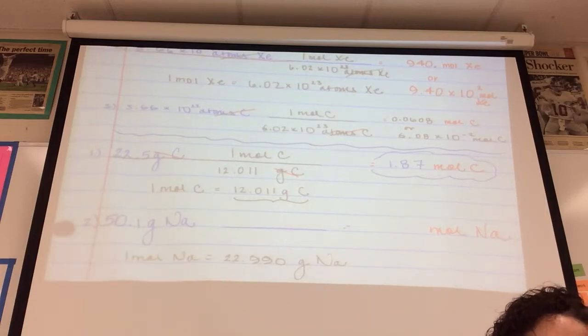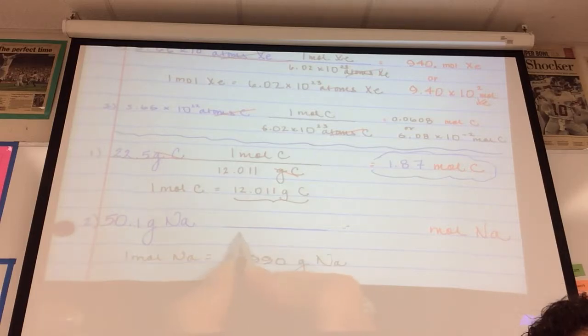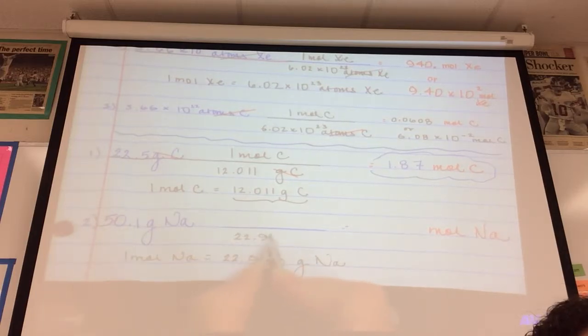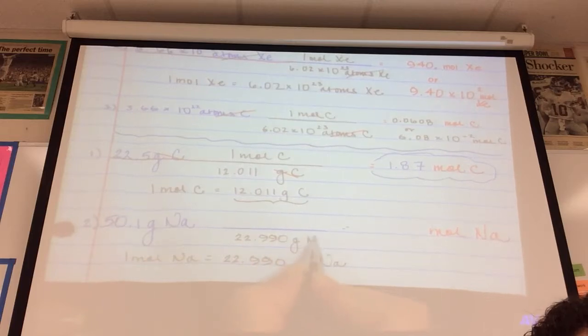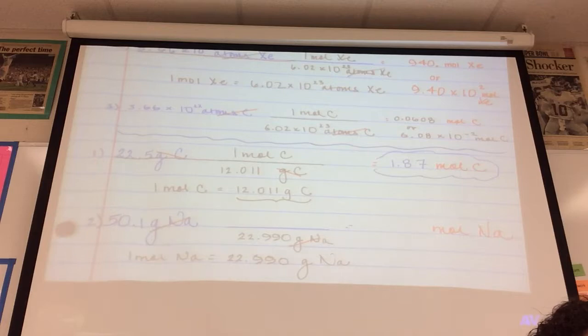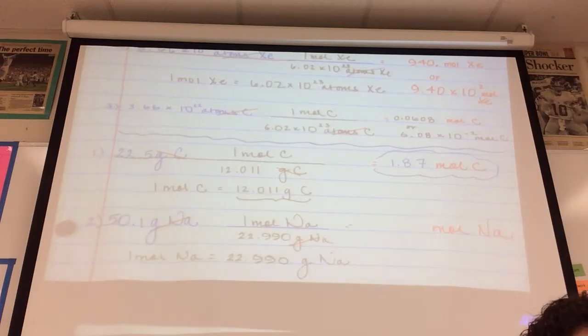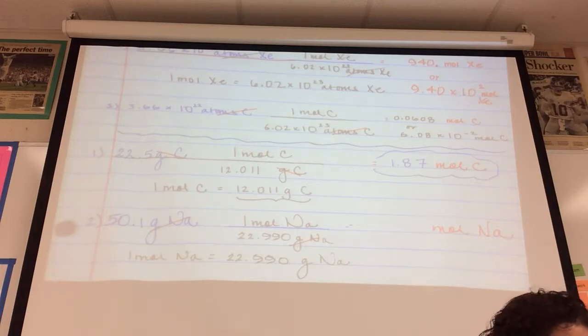Alrighty, and what's going to go where? The 22.99 goes on the bottom. How come? Because the units cancel out. You got it. Perfect. And then one more is going to go on top. And then you plug and chug away. 50.1 divided by 22.99.